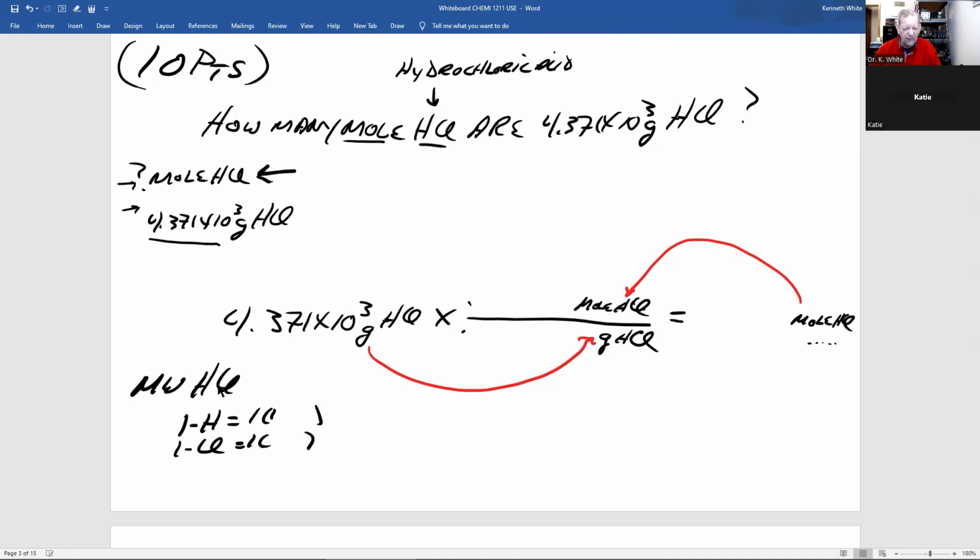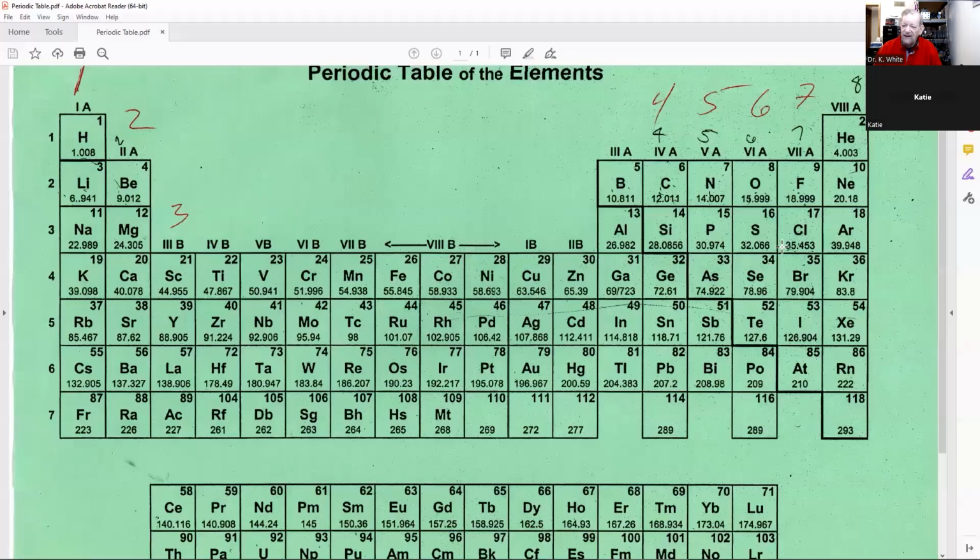Well, hydrogen, we already figured out, is 1.01. What about chlorine? Well, you go to your friendly neighborhood periodic table and you see it's 35.453. Remember, on test number 2, it will say underneath your name, please use 3 significant figures for all atomic weights.